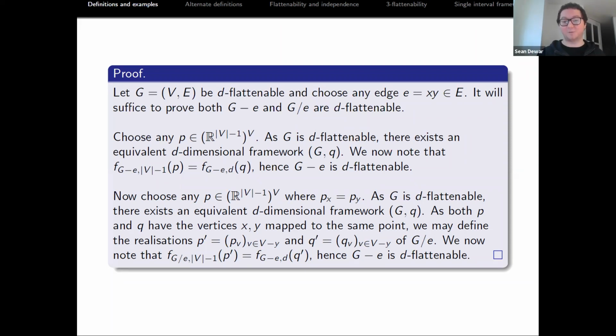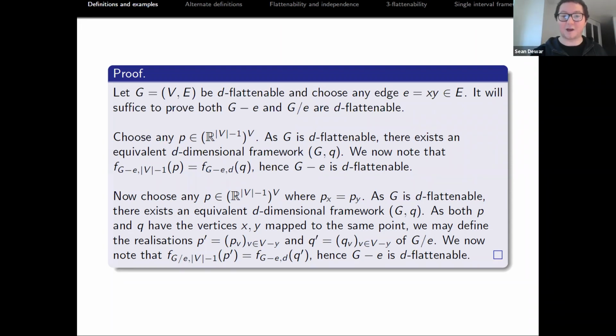We're just removing vertex Y. Now I can get from any realization of the contraction of G along XY by forming these P realizations, and then that's basically all you're doing. So you're basically just saying that, yeah, I've got my realization P dash. So I've worked it kind of backwards a bit, but this is the rough idea of why this works.